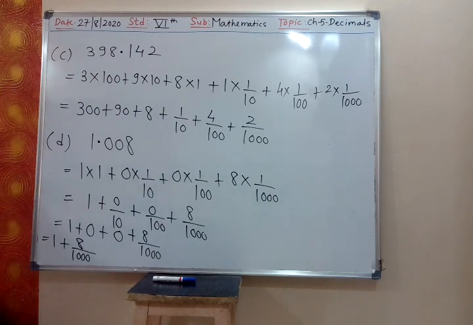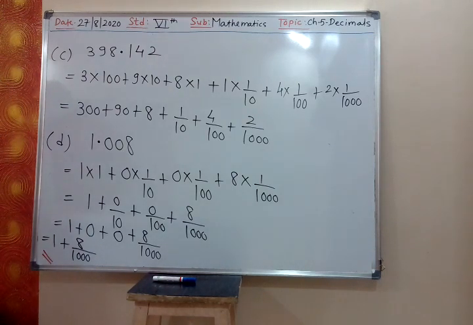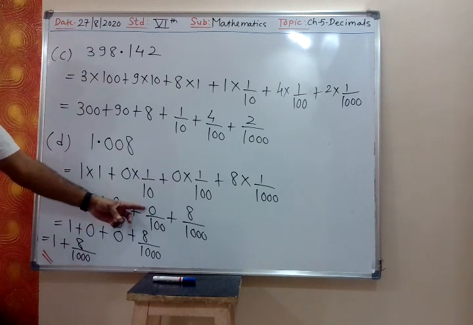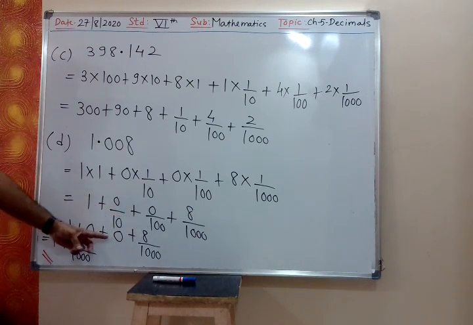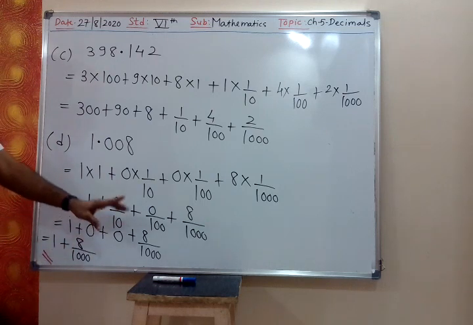This is the answer. 0 plus 0 will be 0 only. So the answer is 1 plus 8 upon 1000. 0 divided by 10 will be 0, 0 divided by 100 will be 0, so 0 plus 0 will be 0. So 1 plus 0 will be 1 plus 8 upon 1000.